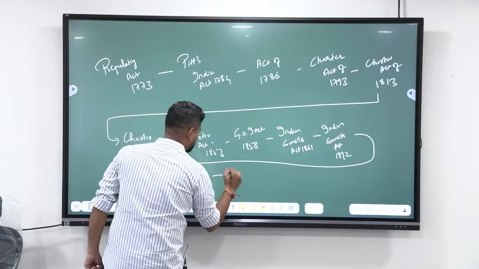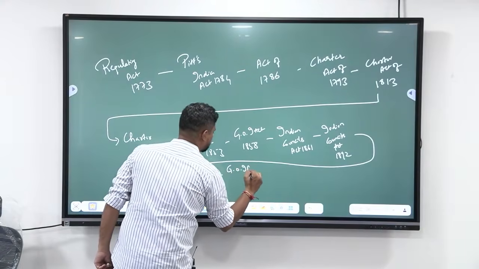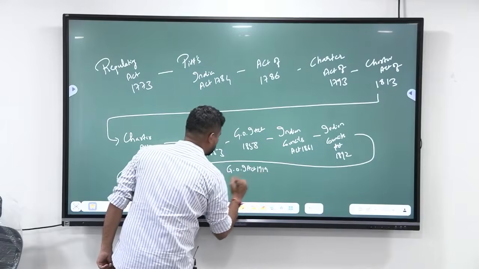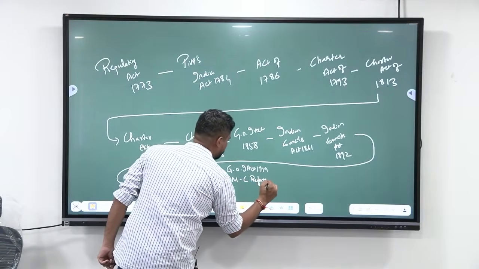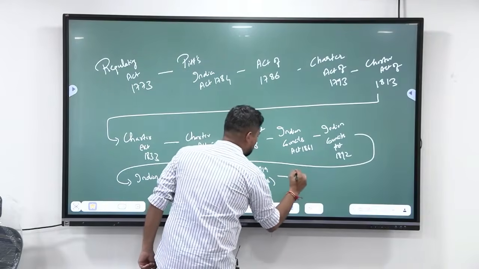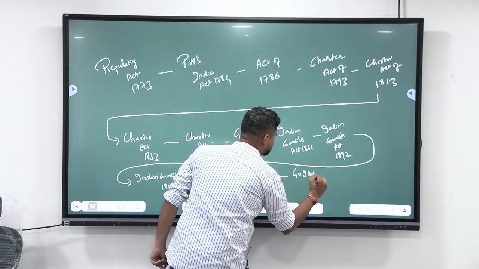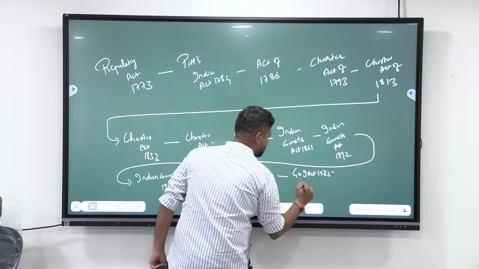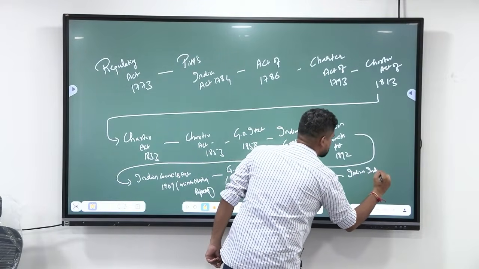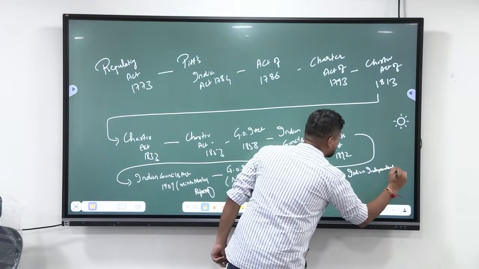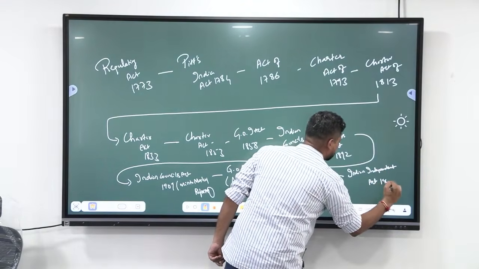Then comes the Government of India Act of 1919. This is what is called the Montagu-Chelmsford reforms. Then comes the Government of India Act 1935. Then comes the Indian Independence Act of 1947.